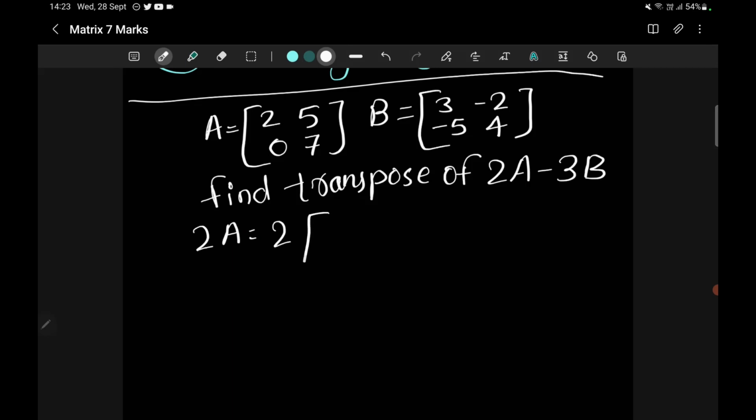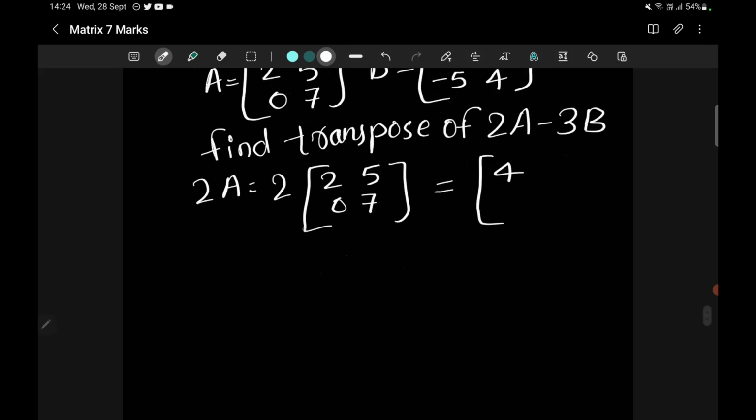This will be 2 into A matrix, that is 2, 5, 0, 7. We have to multiply each value with 2. That is 2 2s are 4, 2 into 5 is 10, 2 into 0 is 0, 2 into 7 is 14. So this is our 2A.